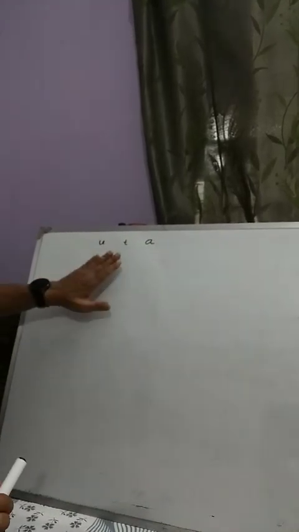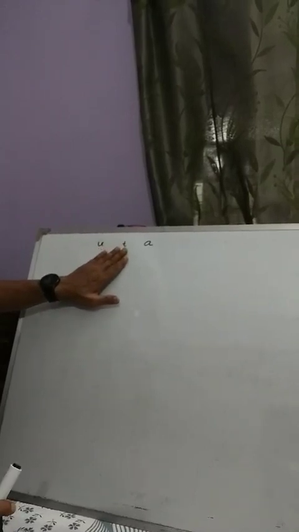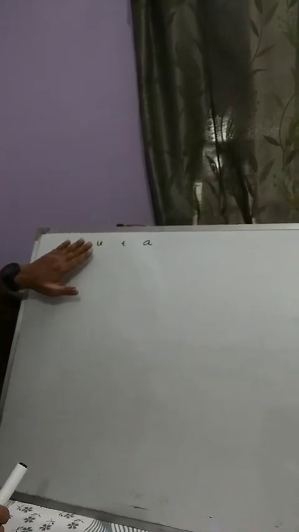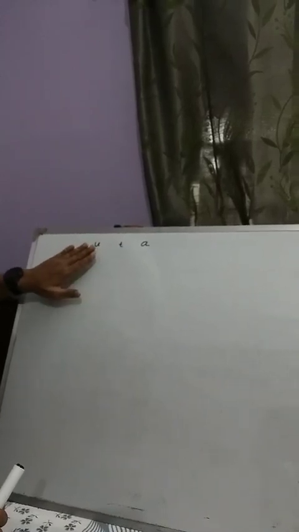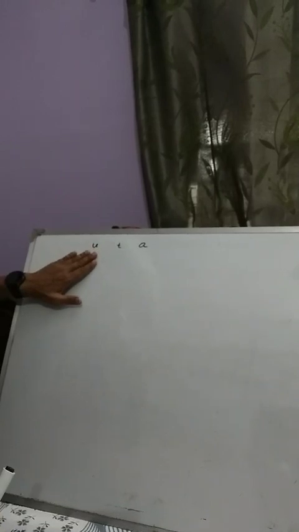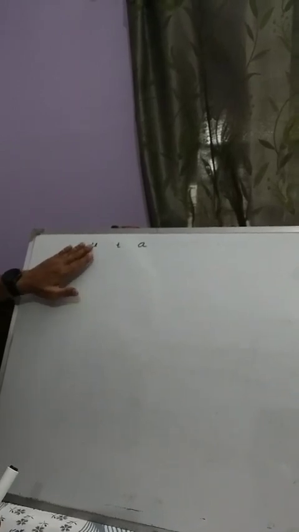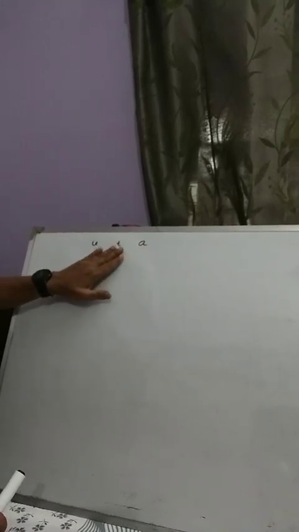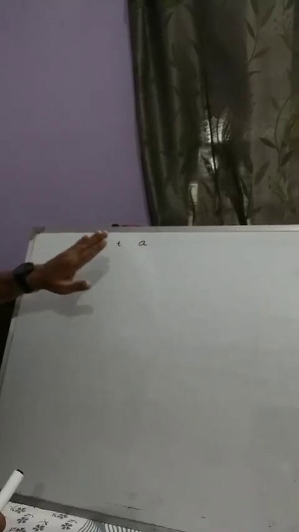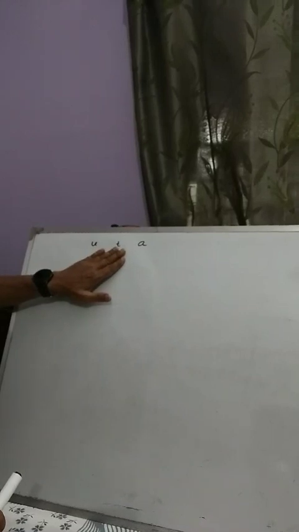So what is the velocity of the particle after time t? Again, u is the initial velocity of the particle and the particle has acceleration a. What is the velocity of the particle after time t?